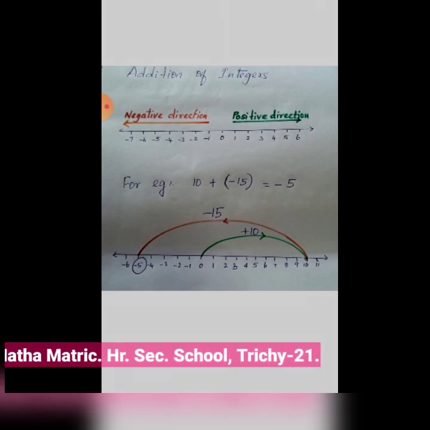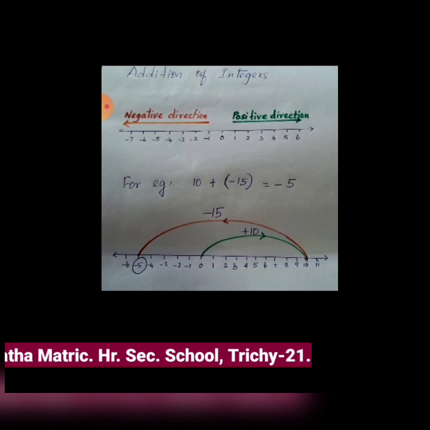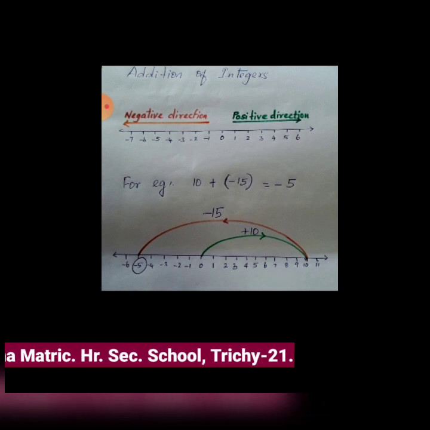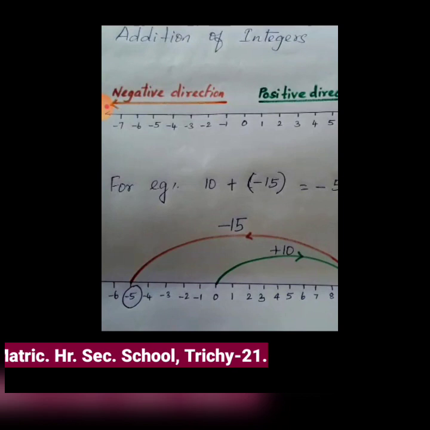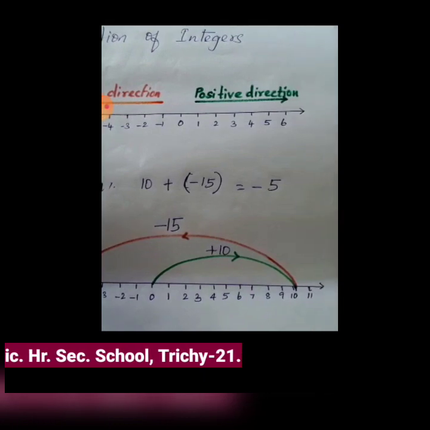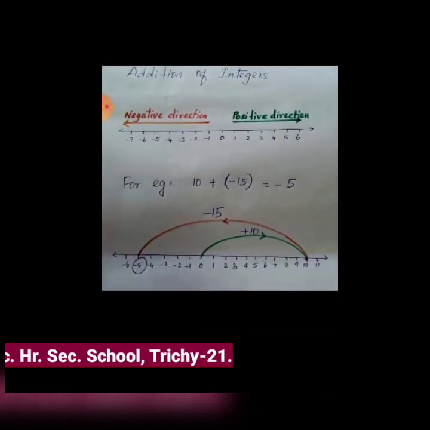One step taken is equal to 1 unit. Initially, we start at 0, facing the positive direction. We step forward for positive integers and backward for negative integers.